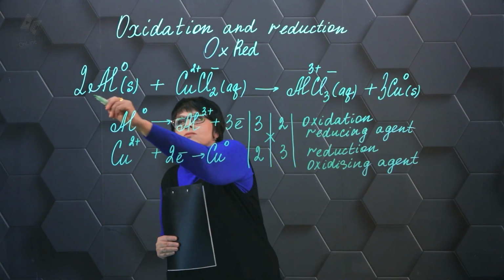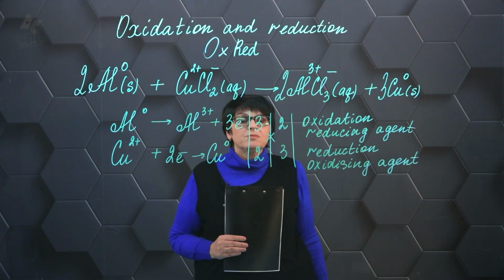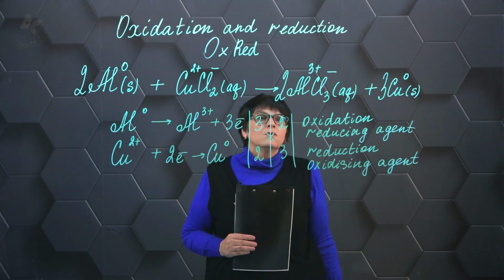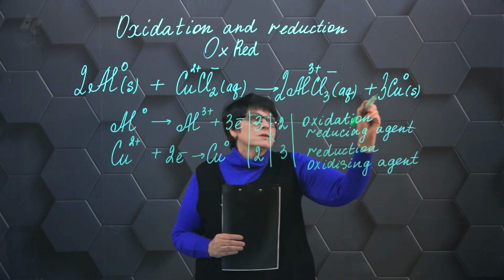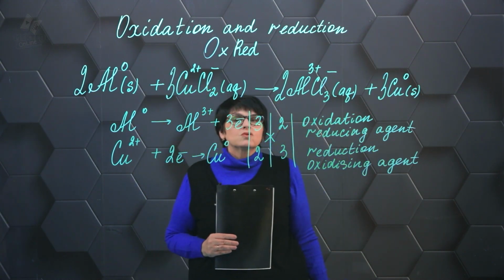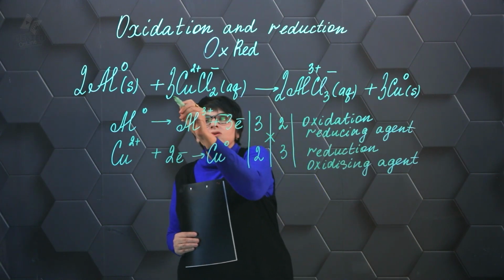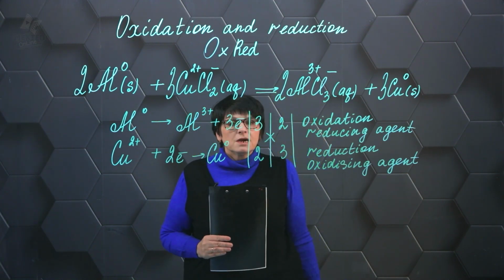It should be 2 on the right as well. So we'll put the coefficient 2 in front of the AlCl3 formula. Well, copper on the left is 1 and on the right is 3. Then we'll put a 3 in front of the CuCl2. Let's check the chlorine. Chlorine on the left is 6 and on the right is 6.